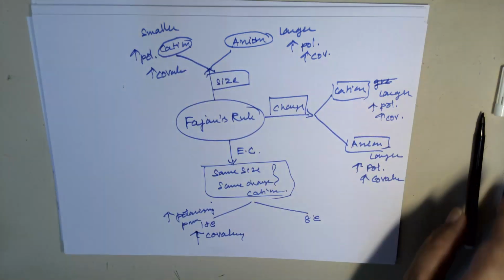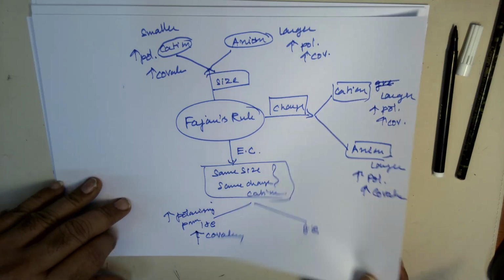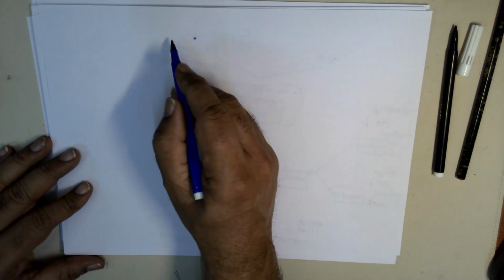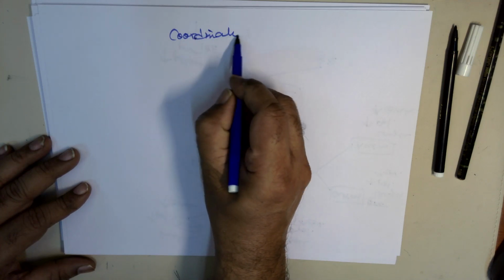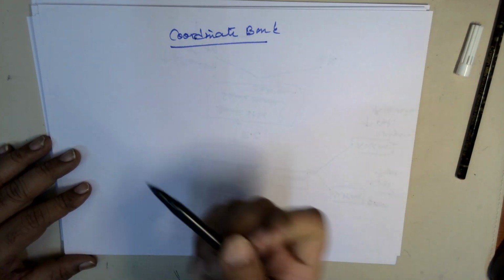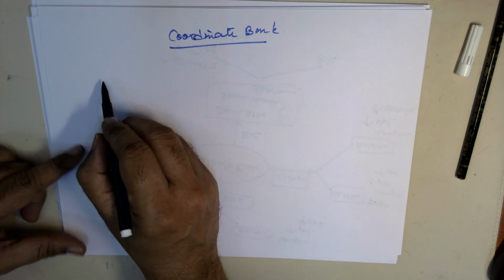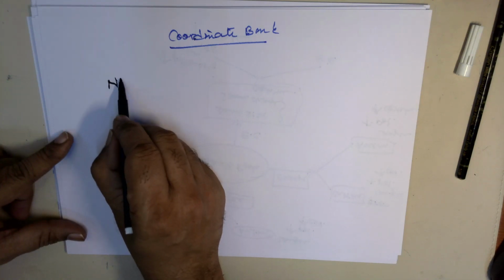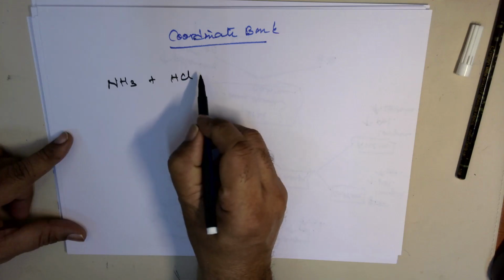Right. Now let us move to the next aspect, coordinate bond. Now let us consider ammonia, NH3, combining with HCl.